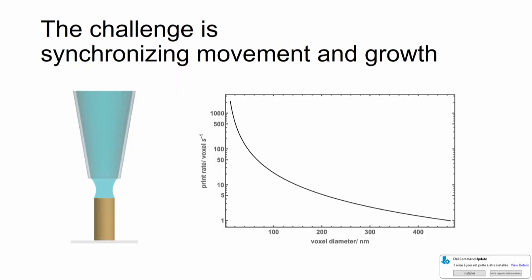So what can happen is, if you try to synchronize the movement of your nozzle with the growing structure, in one case, you just lose the meniscus if you move too fast. If you move too slow, then basically the metal is going to grow inside of your nozzle, and maybe you can use this for some sort of bipolar electrochemistry, as we heard today, but that is not what we wanted. For us, this is basically the end of our printing experiment.